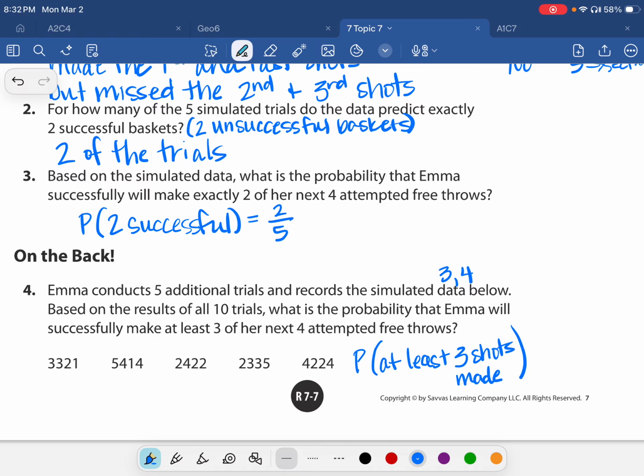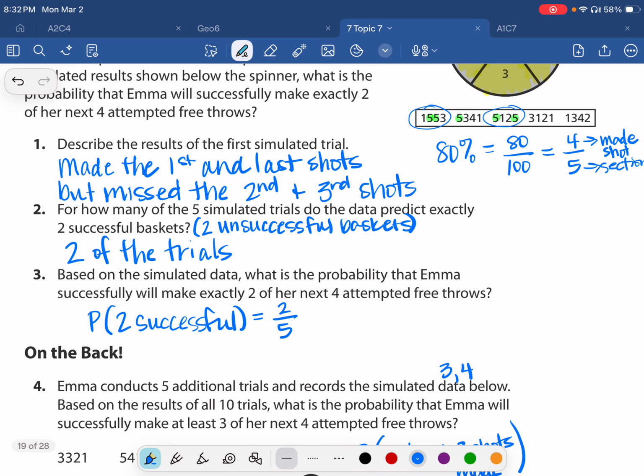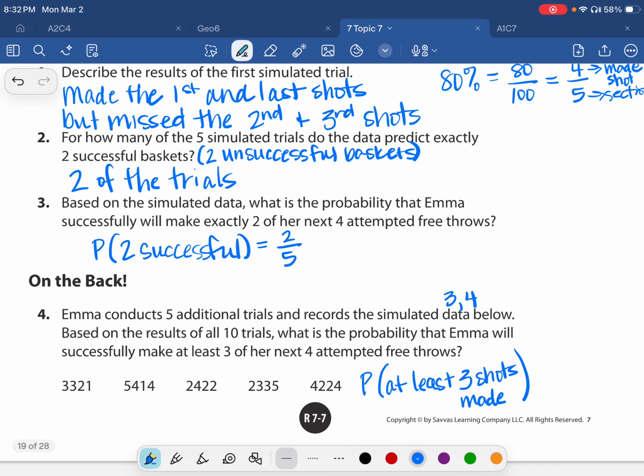Again, if it helps you to keep track, instead of looking at the shots made, look at the ones that she misses. If she makes 3 shots, that means she's going to miss 1 shot. So she's going to make 3 or 4. That means that she would miss 1 or 0. If she makes all 4, she misses none of them.